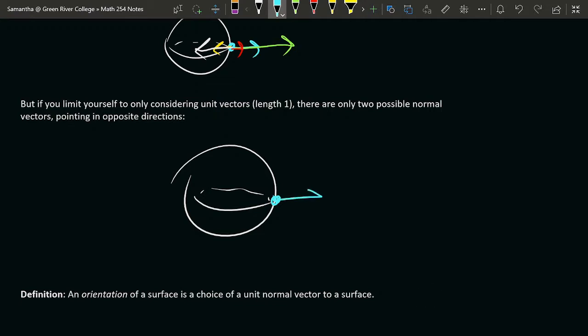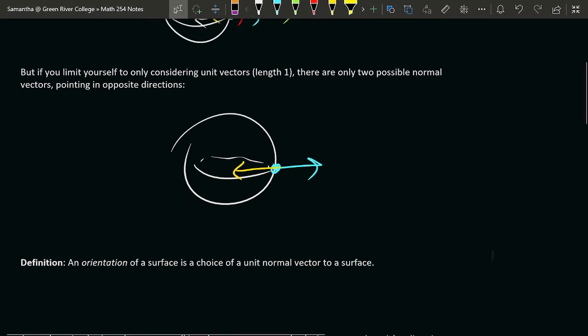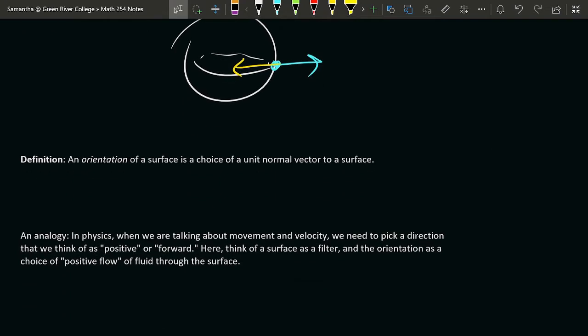The vector that points in one direction, in this particular example, outside of the sphere, and the vector that points in the opposite direction, the one that points into the sphere. An orientation of a surface is a choice about which of these 2 normal vectors you're going to use.